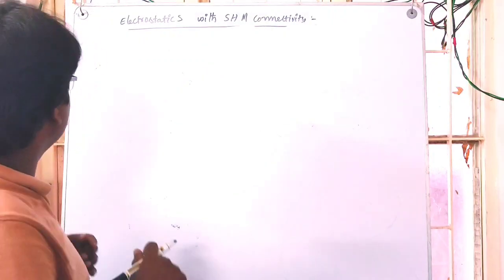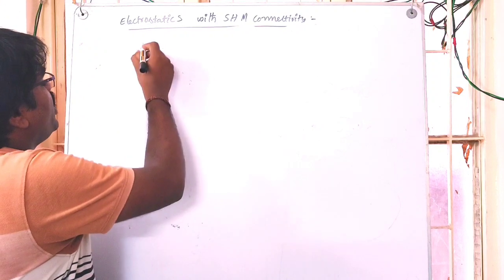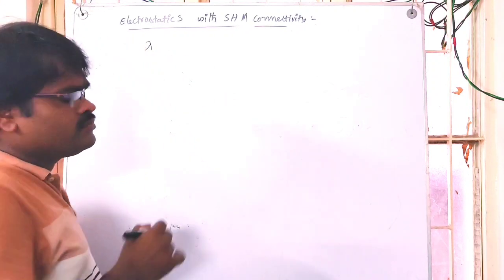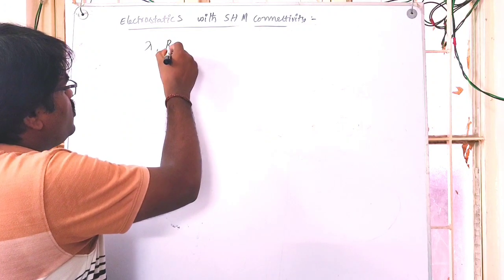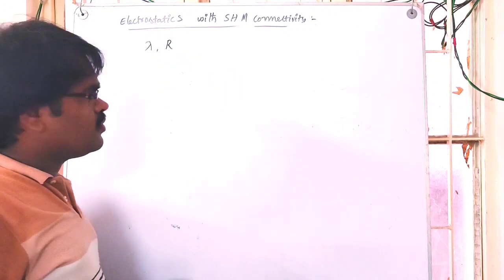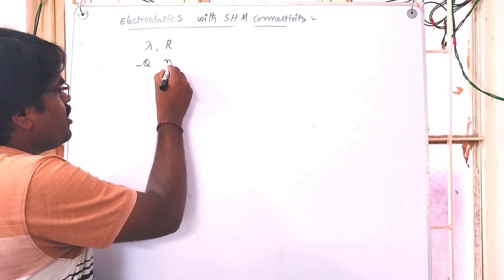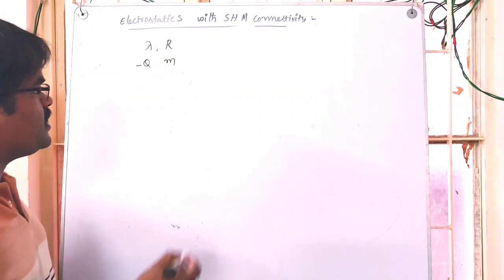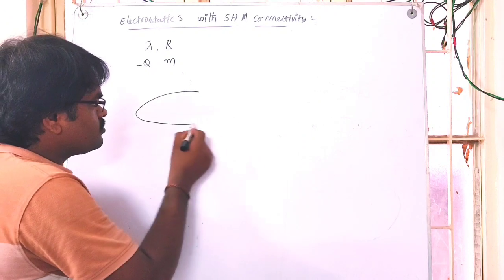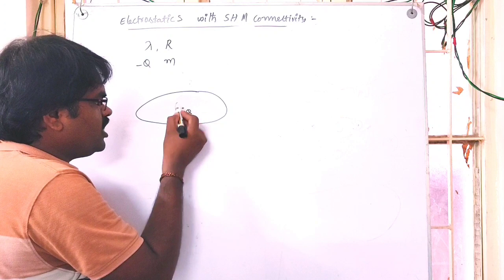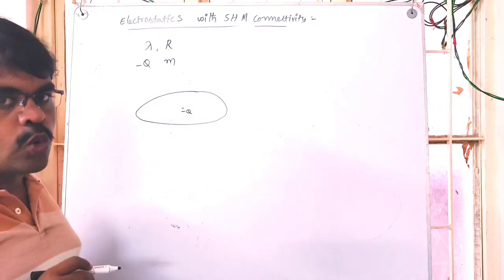Now going to another problem. A uniformly charged ring has charge density lambda. The radius of the ring is r. Here a minus q charge of mass m is placed at the center of the ring. Then the force acting on the charge will be 0.